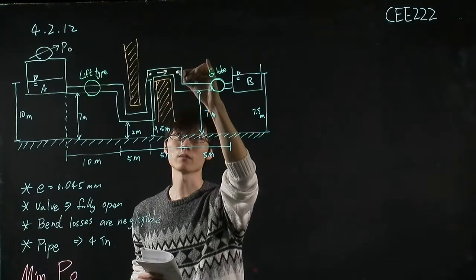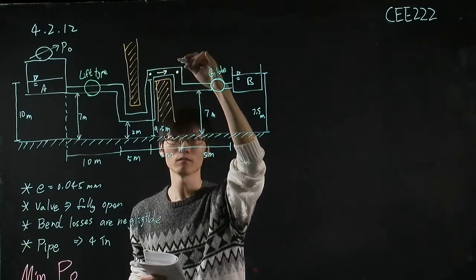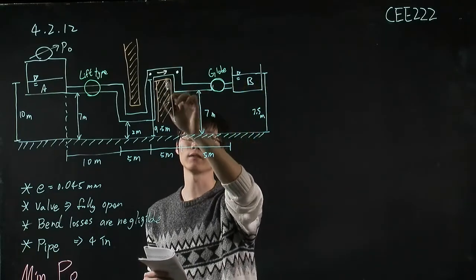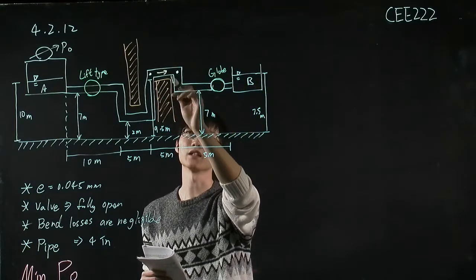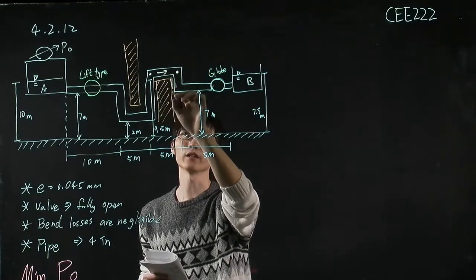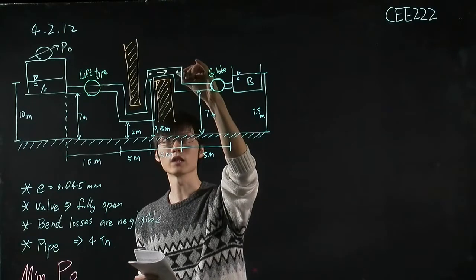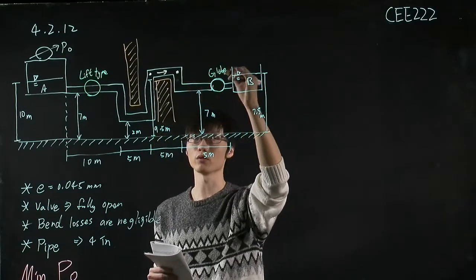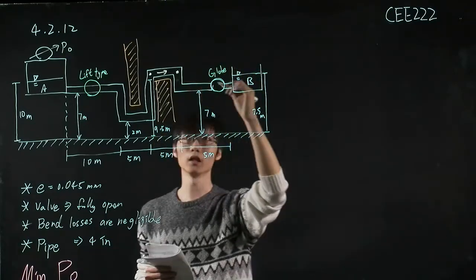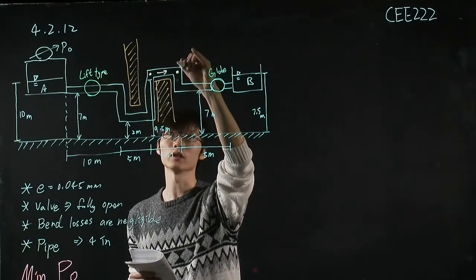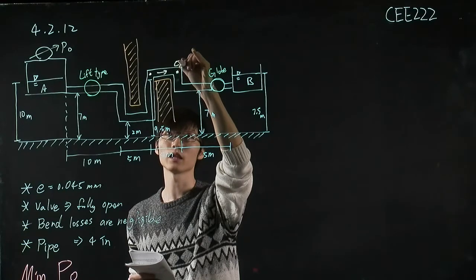We should choose the point that is further downstream, because we consider the head loss during this section here. Okay, so this is the point that we want to use to solve for P naught, and I write down this point as C.